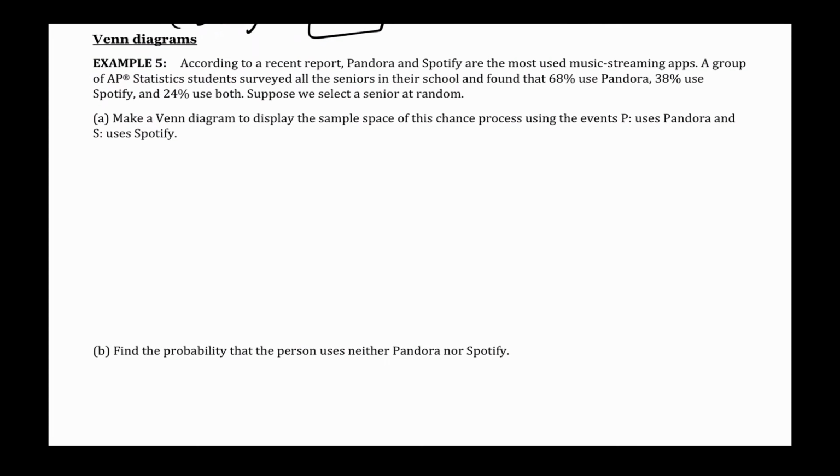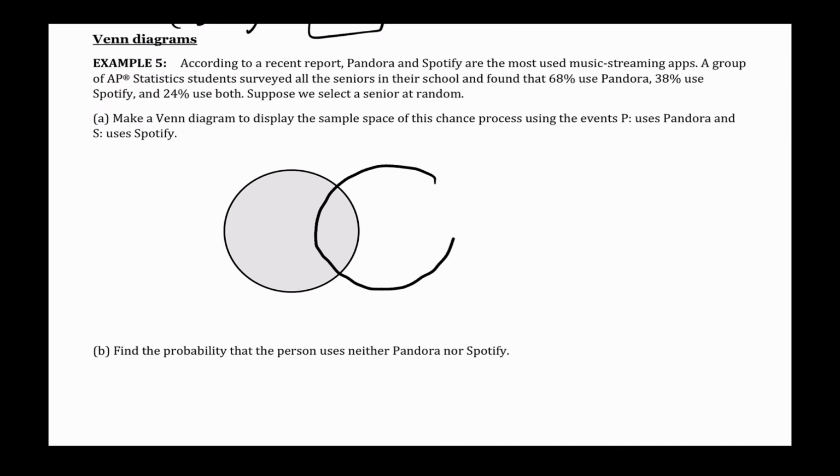Okay, so what I want you to do now is read the question and do A, because you guys have done Venn diagrams before. Venn diagrams are two circles, two circles that overlap. So we're going to write numbers inside.